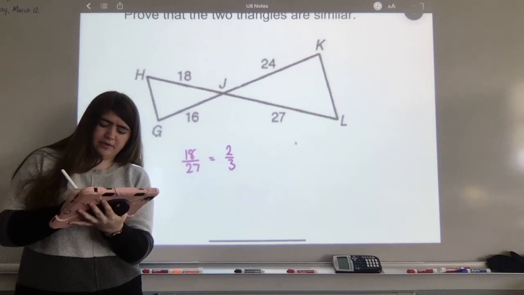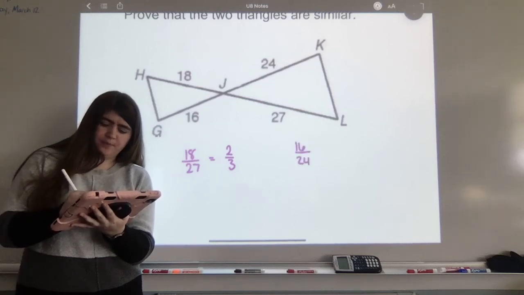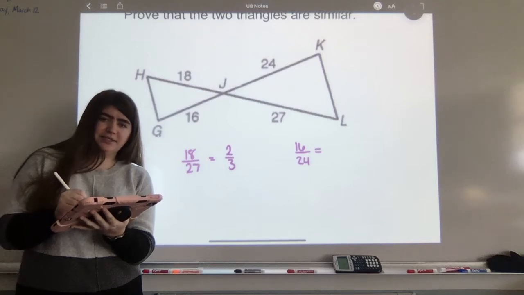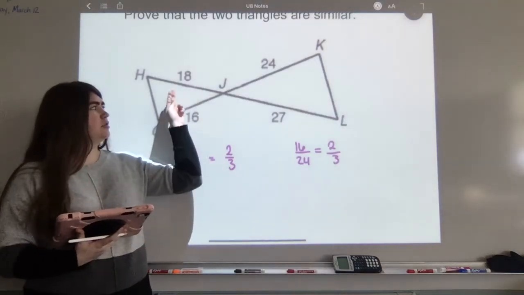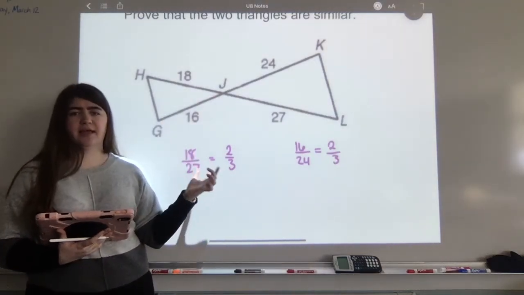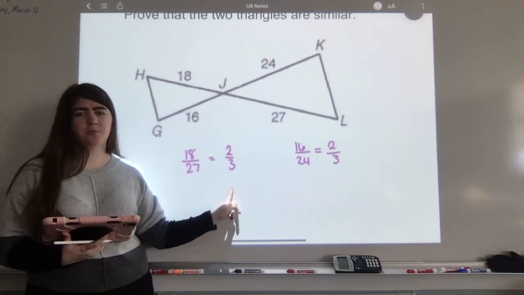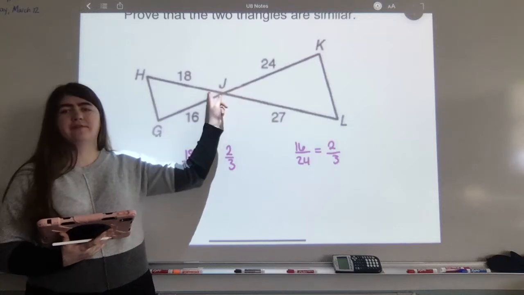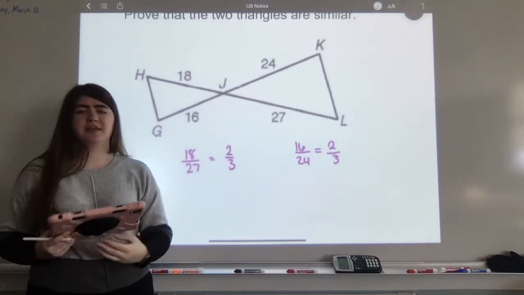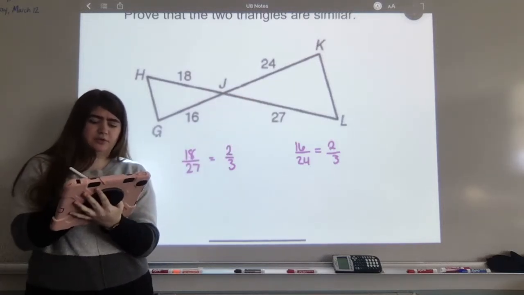And then I have 16 over 24, and if I divide both of those by 8, that gives me 2 over 3 as well. So we do have two sets of corresponding sides that have the same similarity ratio, and we know that the angles are vertical angles.